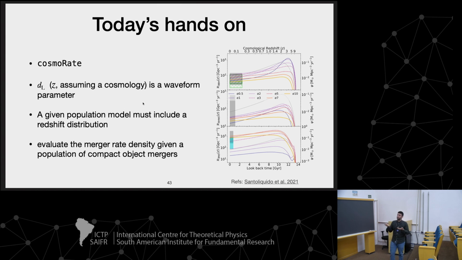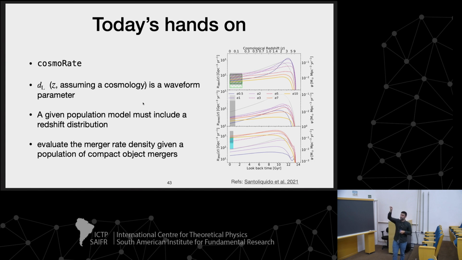Okay, so in the hands-on section, you will learn how to use Cosmorate, which is a code that provides you the redshift distribution of sources. So you will set a population model, and you will evaluate the merge rate density. For example, here I'm plotting one of the results that you can get with Cosmorate.